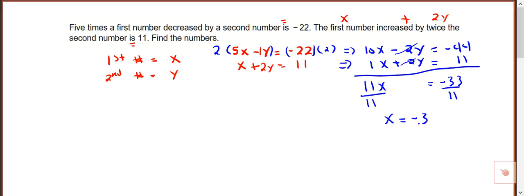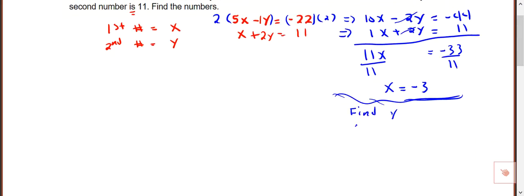Now it said find the numbers. The instructions said find the numbers. So we want to also find the value of y, or the second number. So you go back to your original equations. You choose either one of them. I'll choose the second one there. We want to find y.